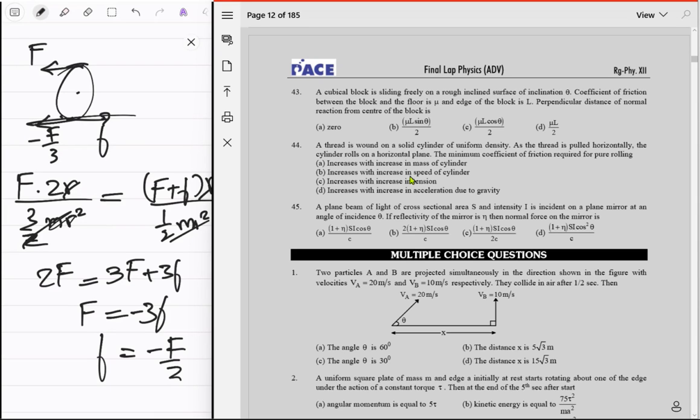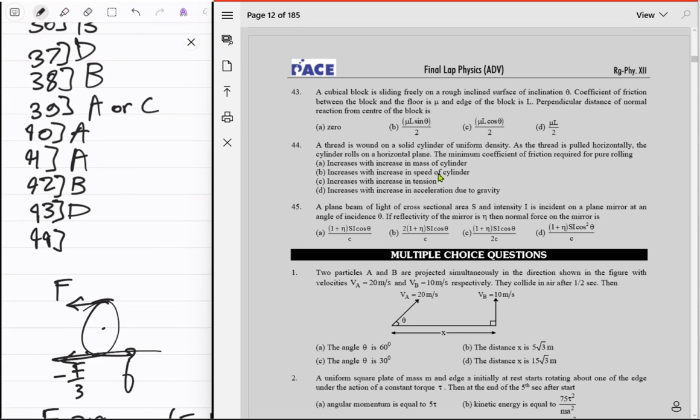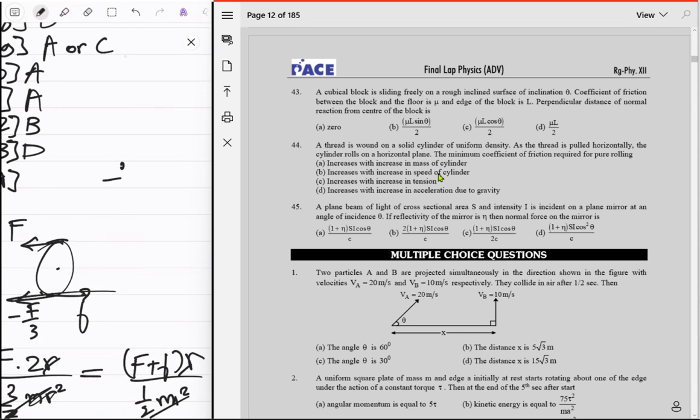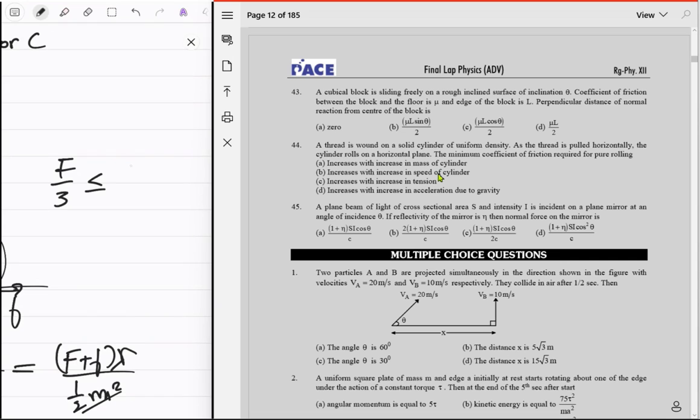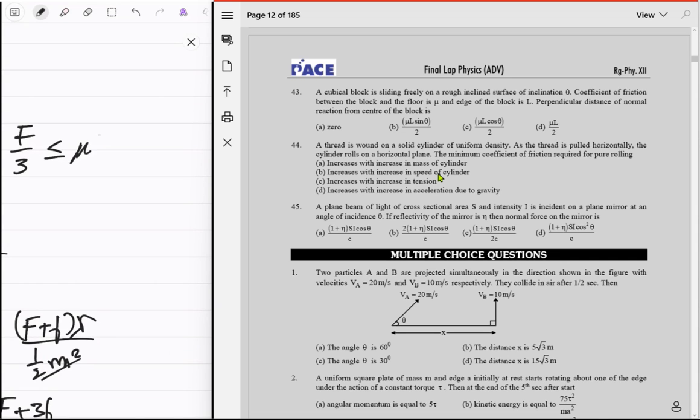But wait, minimum coefficient of friction required for pure rolling. That's why the weight was discussed, because there was an option about increase with increase in mass of the cylinder. Basically f upon 3 has to be less than or equal to mu mg, because the normal force is mg.